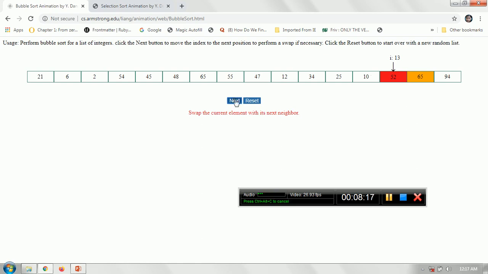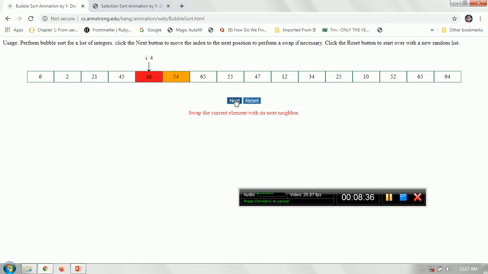So see, are we doing it in the same way or not? Swap would be done. 21 and 2, the swap will be done. 21 and 54, no swap is required. Again a swap. 54 and 48, a swap would be needed.